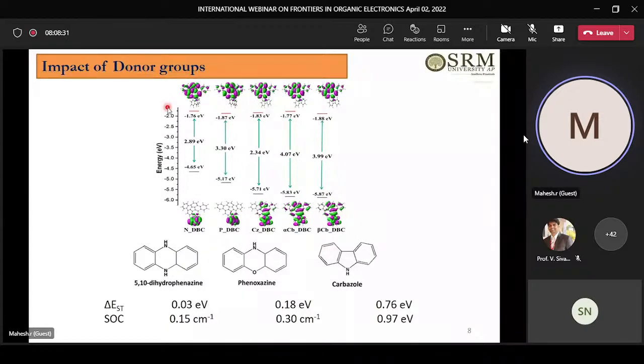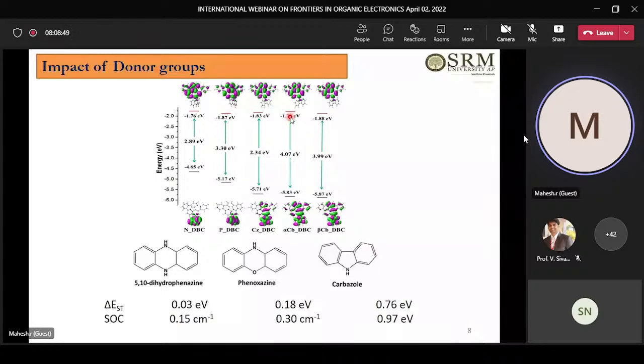But when we take carbazole or carboline based donors, we have seen a good overlap between HOMO-LUMO wave functions. As a result, you can see a large singlet triplet gap, which hampers the rates of reverse intersystem crossing.